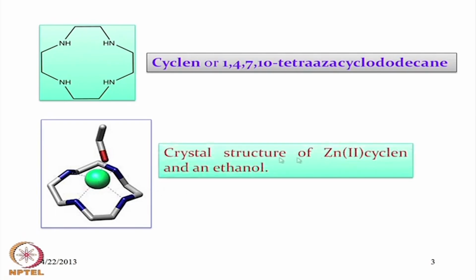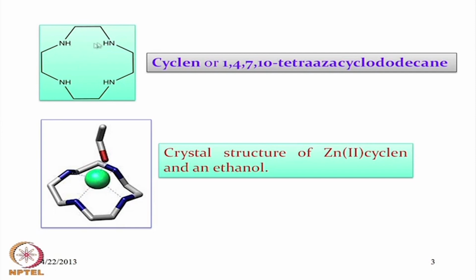This is trying to coordinate to the metal center. So, when we have the corresponding compound of zinc with cyclen, the zinc atom is sitting over this particular cyclic ring, and one ethanol molecule is coordinating, fulfilling the 5th coordination site for the zinc atom.